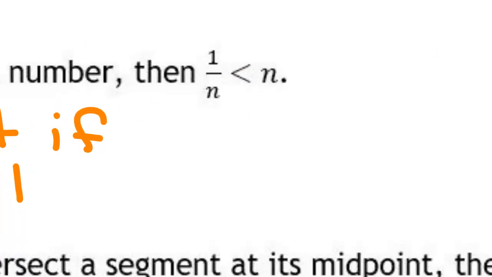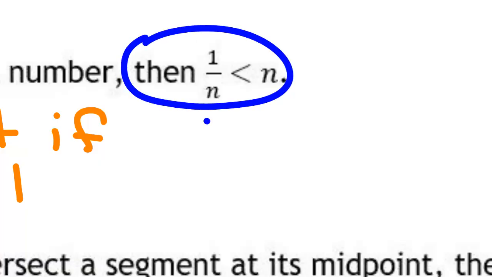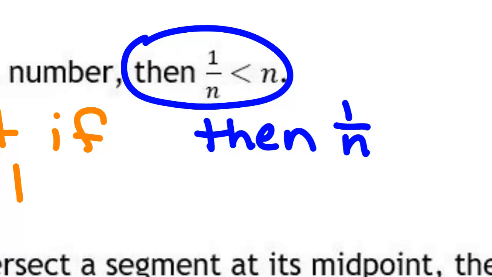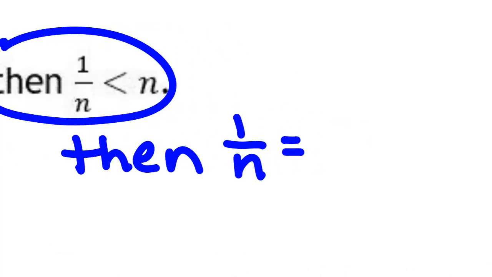If n equals 1, then 1 over n would be 1 over 1.